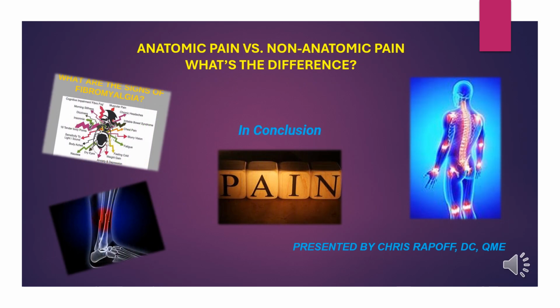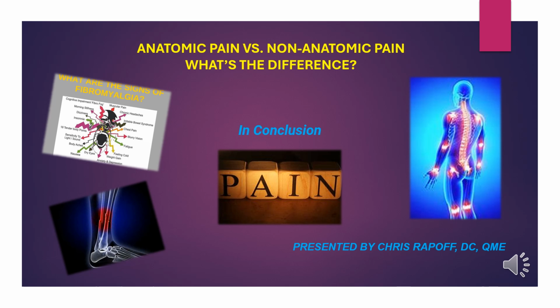So, as we learned today, understanding the distinction between anatomic pain and non-anatomic pain, as outlined in the AMA Guides, is really crucial for a QME to provide an accurate diagnosis of an injury for an examinee, and ultimately the most accurate permanent impairment rating.